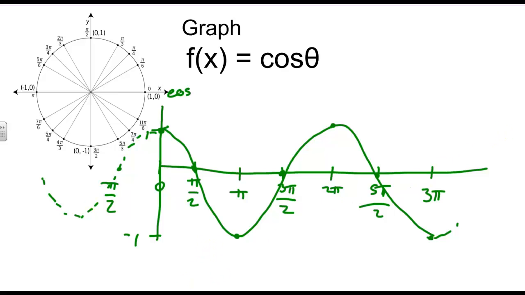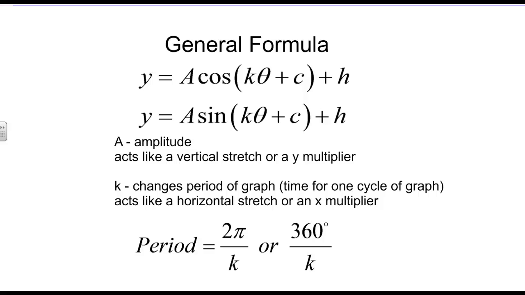Now, in general, every sine and cosine function can be written in this form. Just like we had our parent functions written in another form, the general equation for sine and cosine is very similar, where we have y equals a times sine or cosine of k theta plus c, plus h. All right? And in this case, a acts like our amplitude, and you would think it acts a lot like your y multiplier, just like it did in the other functions, and certainly it does.